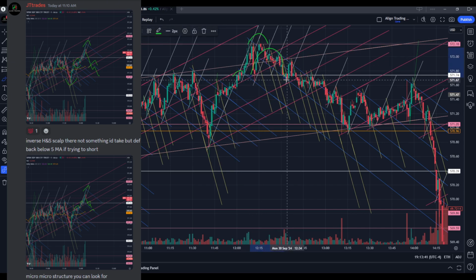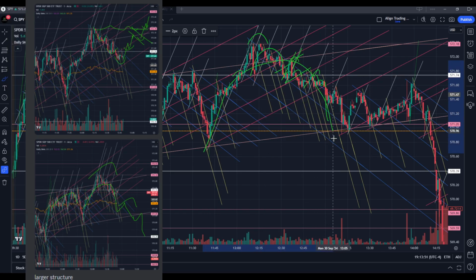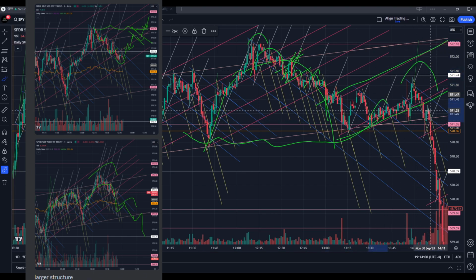You see how we close that inverse cup right here, and we begin to form this handle and begin forming these head and shoulders right here on the way down as we close this cup back to this level, and from there begin forming this handle, which we are now about to talk about, and Powell speaking, which is where the big move happens.